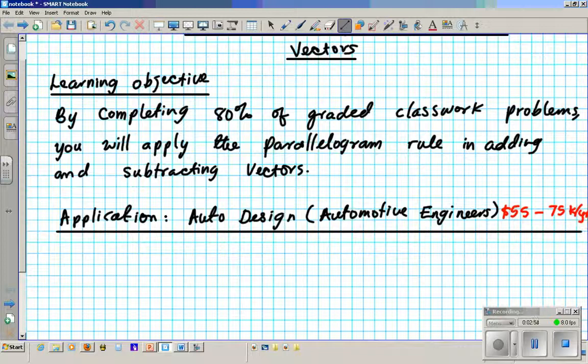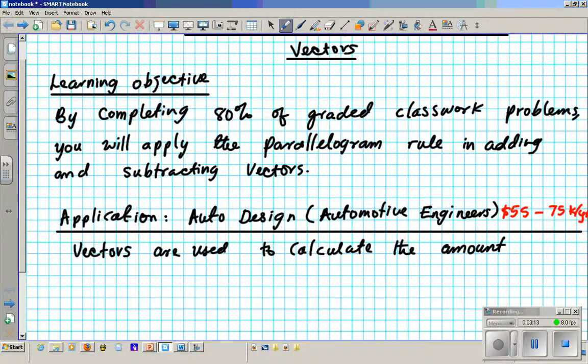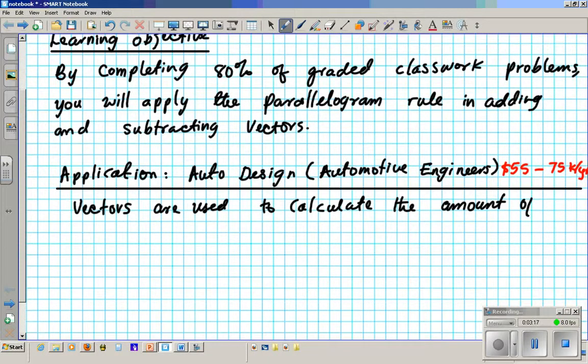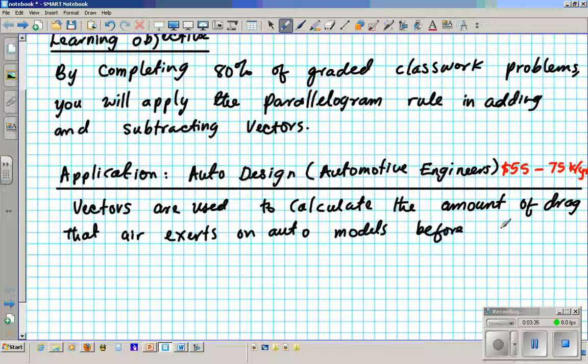So how do automotive engineers use vectors? Well, vectors are used to calculate the amount of drag that air exerts on auto models before they are produced.